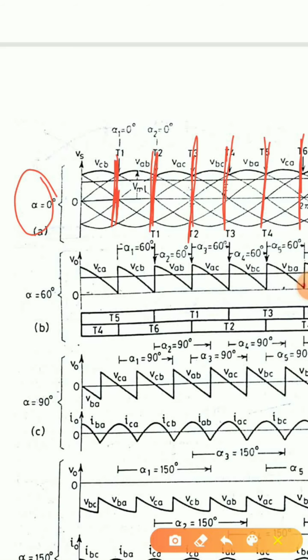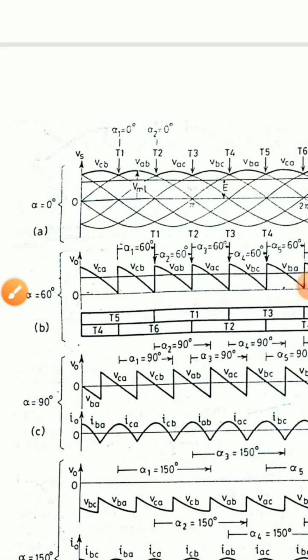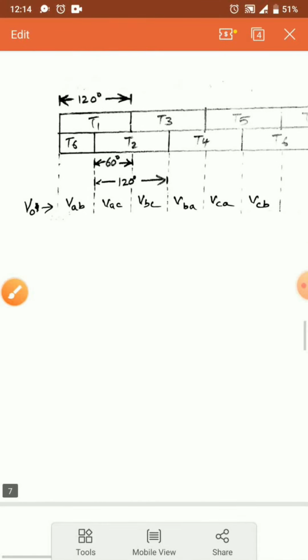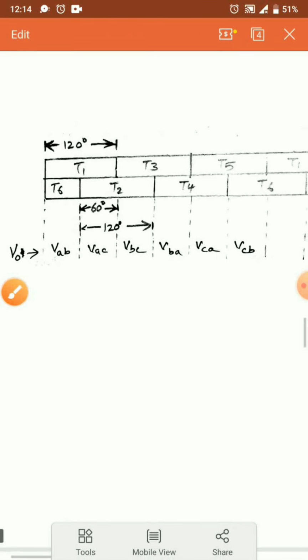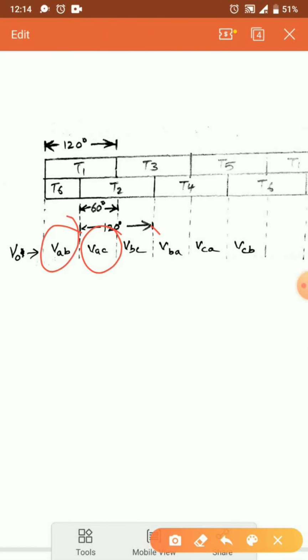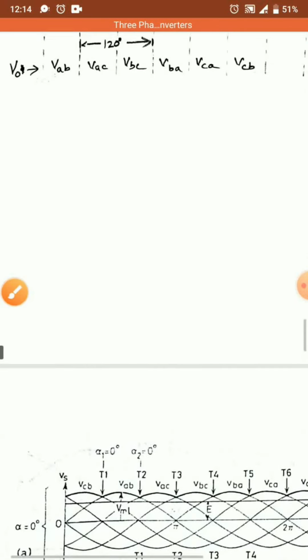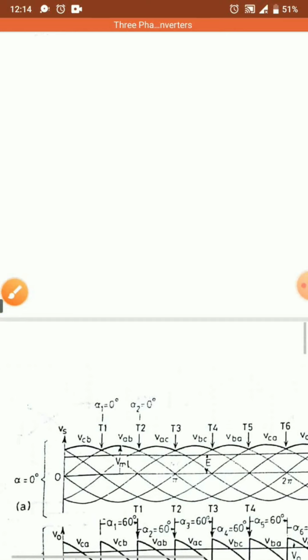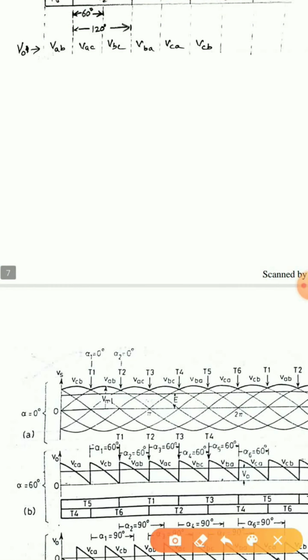As I have said earlier, first I'll get VAB, then I'll get VAC, then I'll get VBC. So we have to keep this sequence in mind. Based on this sequence, T1 is getting turned on here, T2 is getting turned on here, then T3, T4.